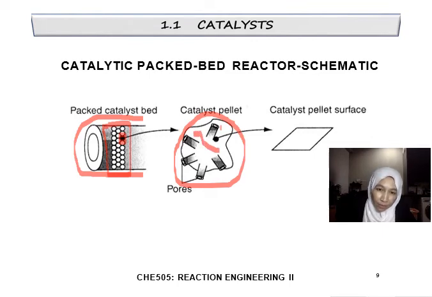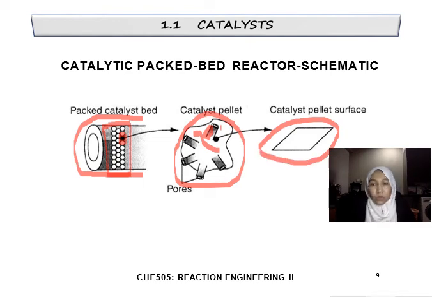If we spread out the catalyst, we call it a catalyst pellet. So we can imagine that this is the catalyst pellet surface. On this surface, the reaction happens. The reaction will happen on this catalyst surface.